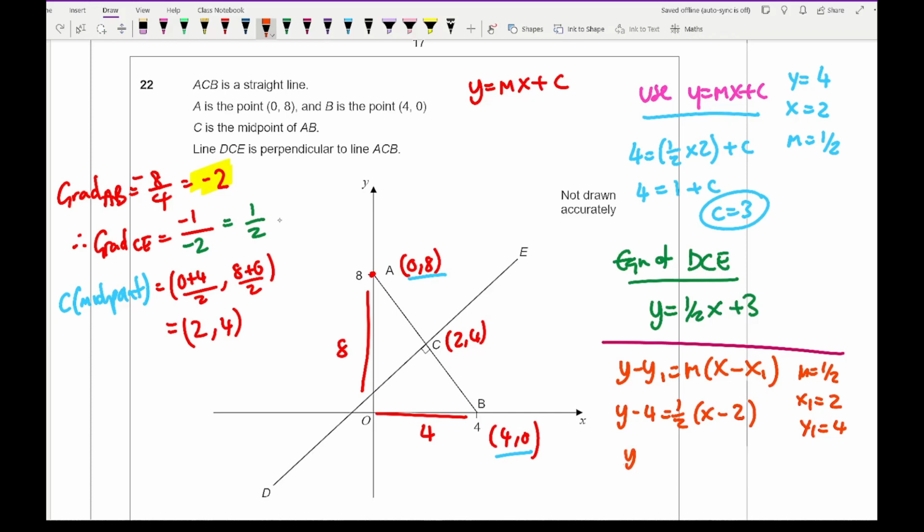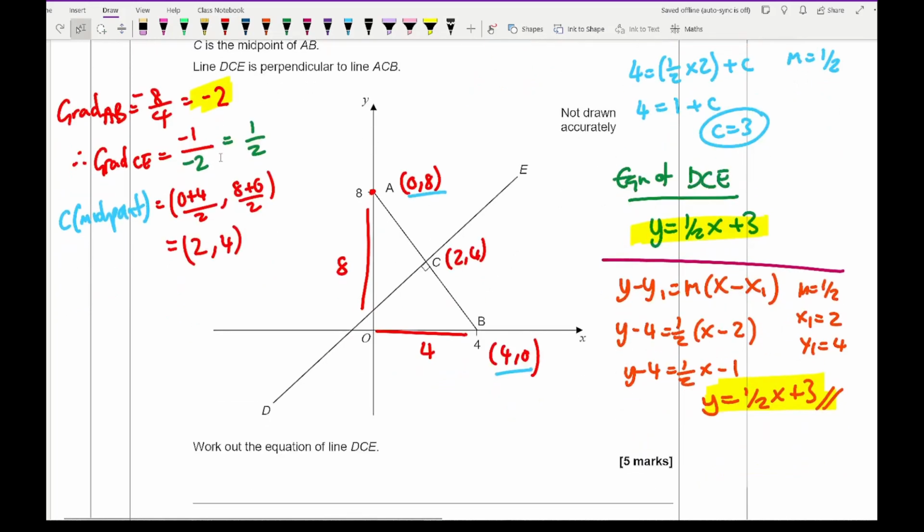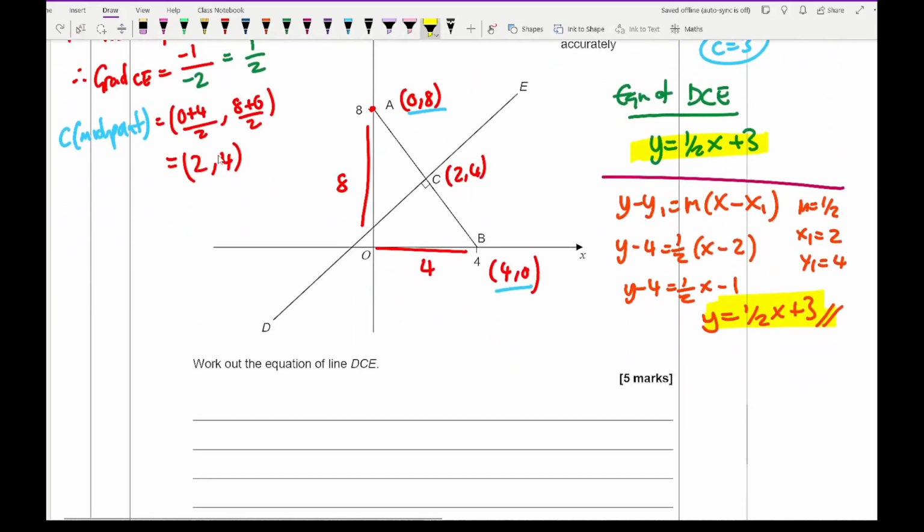If you expand the brackets out, we get y minus 4 equals 1/2 x minus 1. Take the 4 over, and you end up with the exact same answer. So whichever method you use, once you've got the gradient and the coordinates of C, it doesn't really matter as long as you get the equation. And if you've been taught to get rid of the half, you could have 2y equals x plus 6.